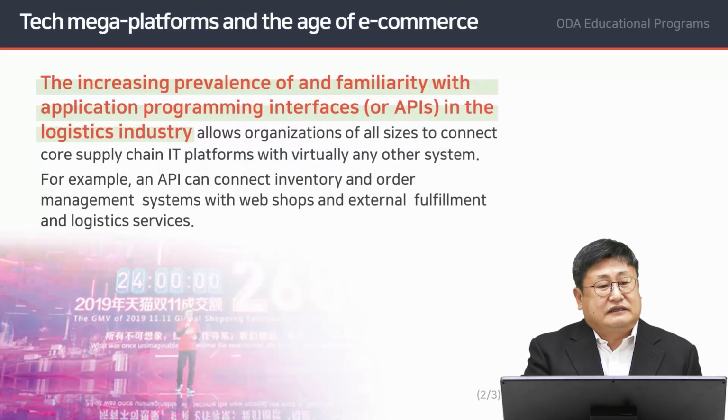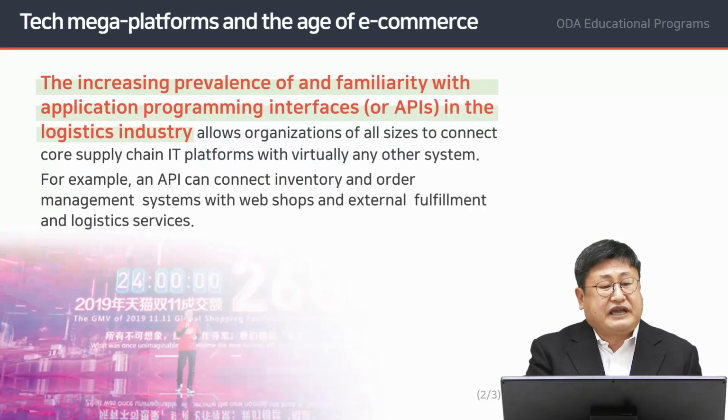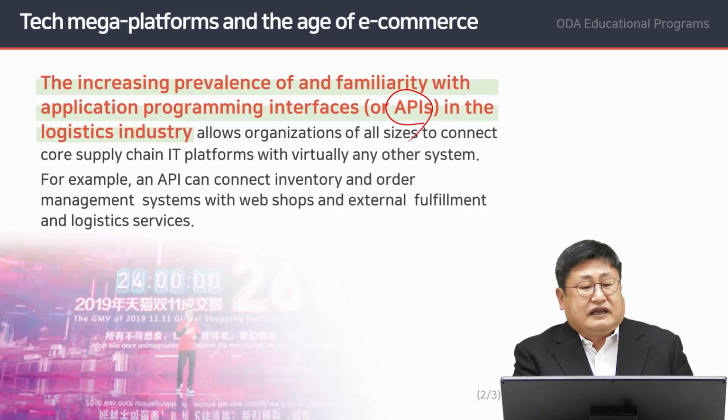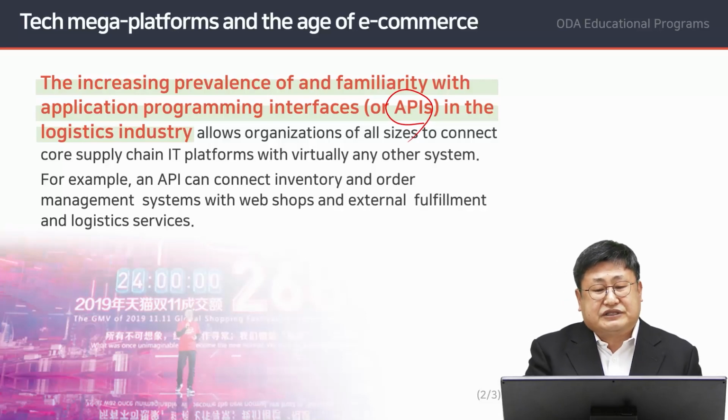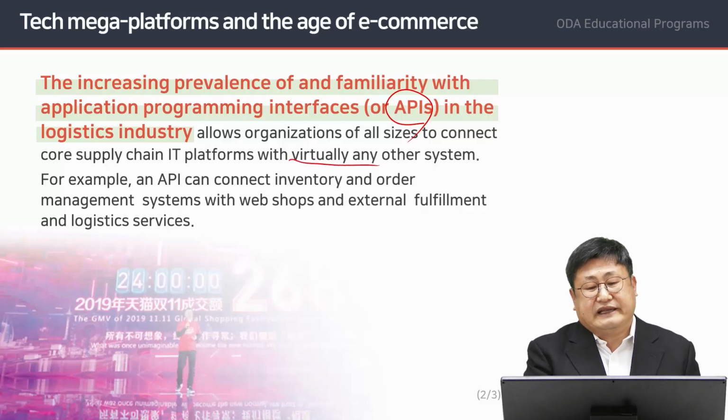And there is the increasing prevalence of and familiarity with application program interfaces, so-called APIs, in the logistics industry. APIs allow organizations on all sides to connect the core supply chain IT platforms with virtually any other system.